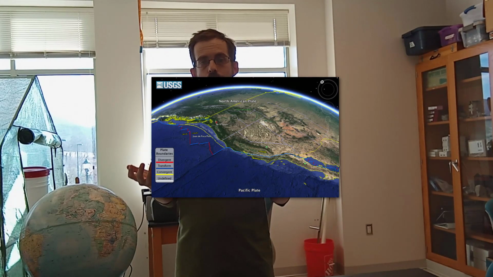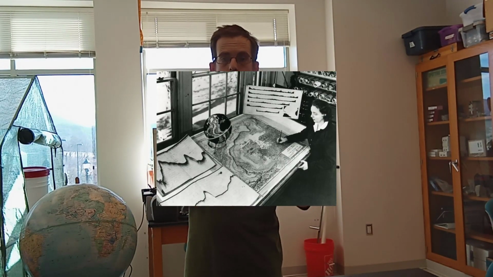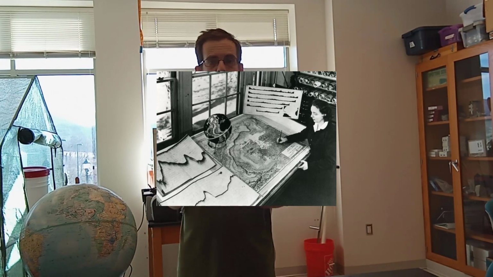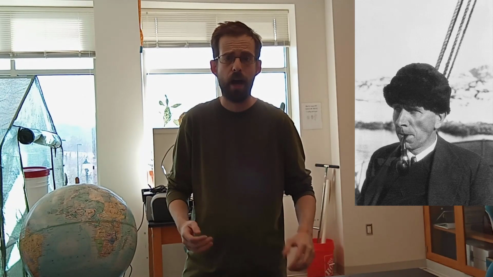We're going to look at stories by famous scientists like Marie Tharp and her partner, where they investigated the seafloor. We're going to look at evidence put forth by Alfred Wegener, who actually used puzzles as a way to communicate. Right here, we have South America, and then we have Africa.